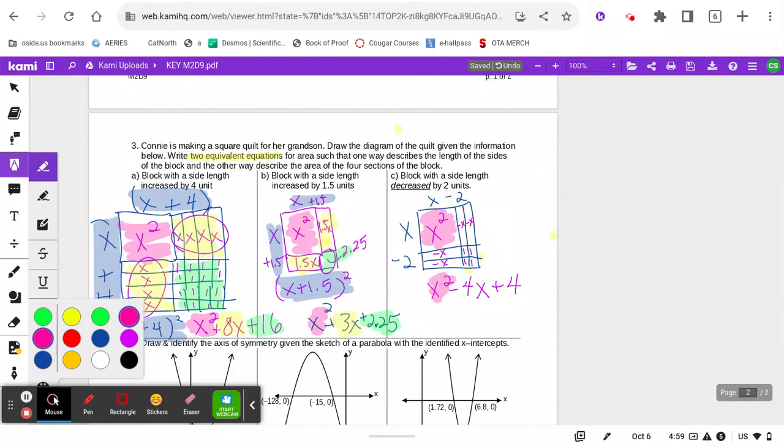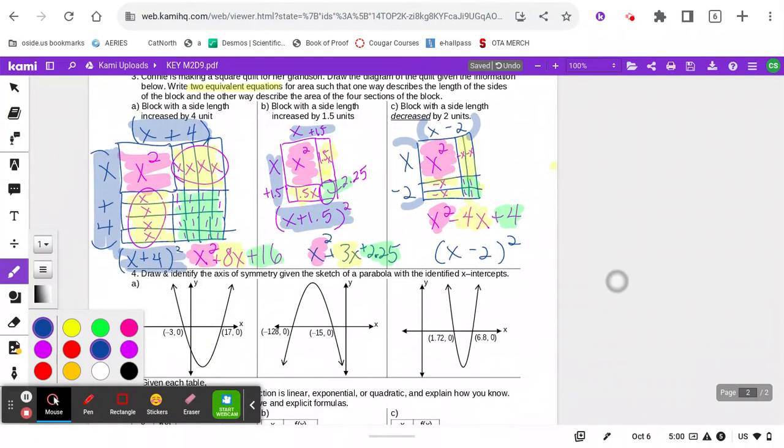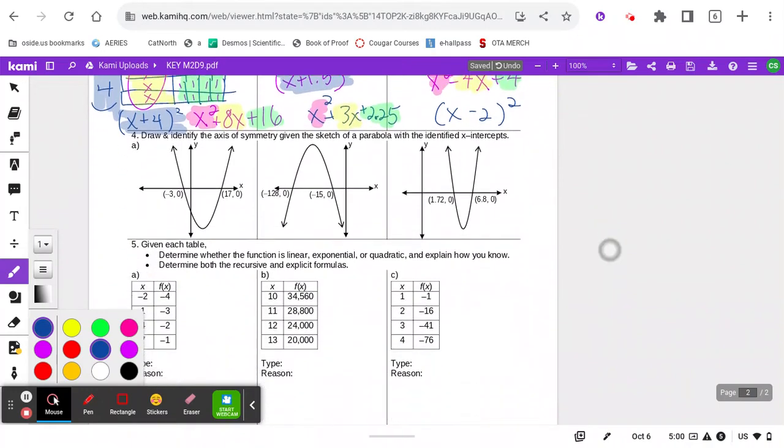Interesting, right? So 1, 2, 3, 4 negative x's, and then 4 constants. And then my factored form is just x minus 2 times x minus 2, or x minus 2 squared. All right, how'd you do there? I hope you had those nice colors.